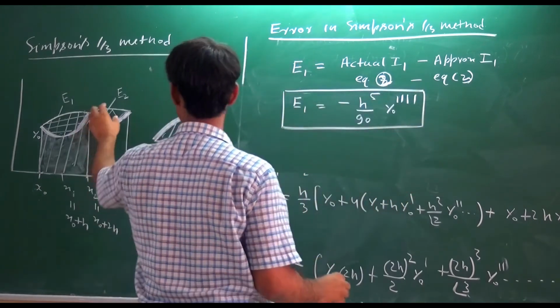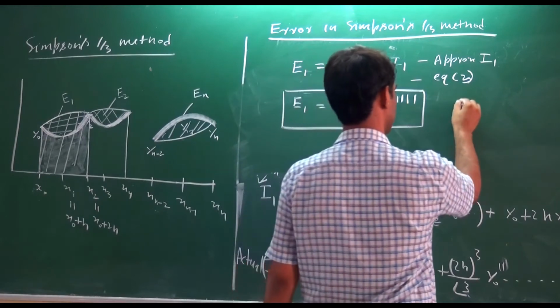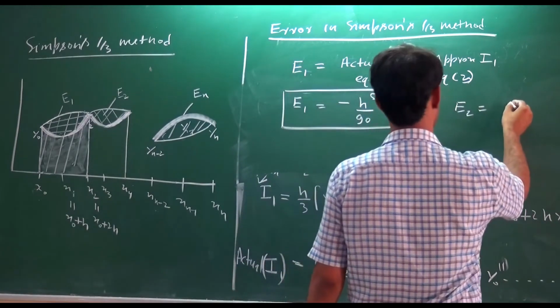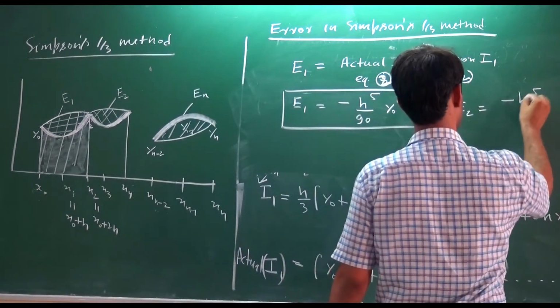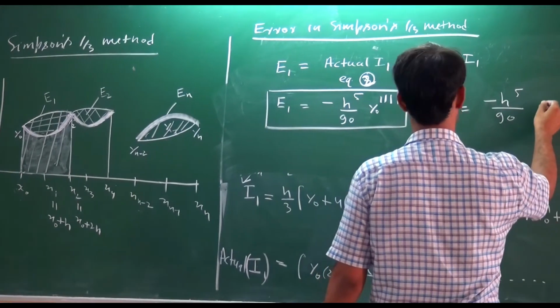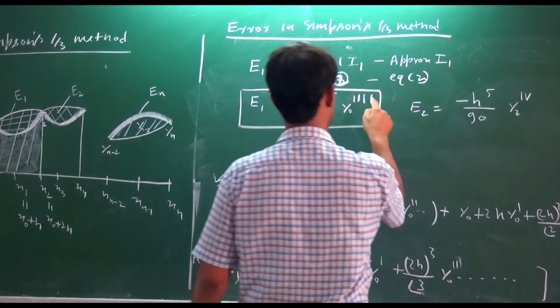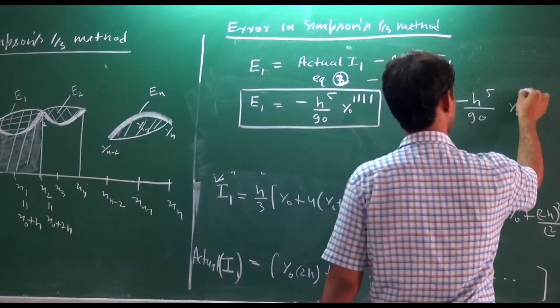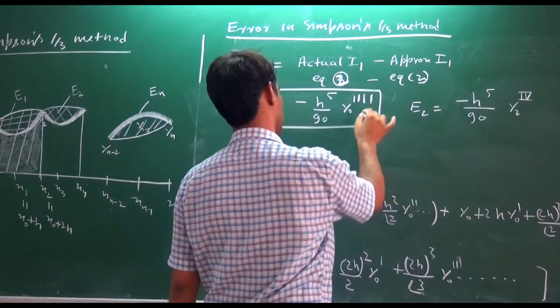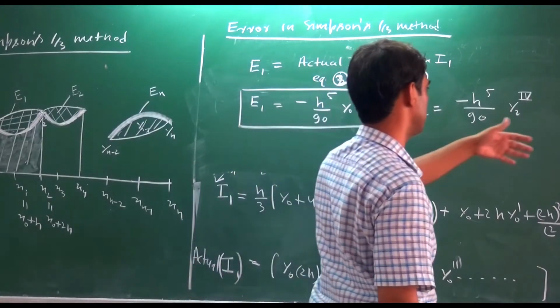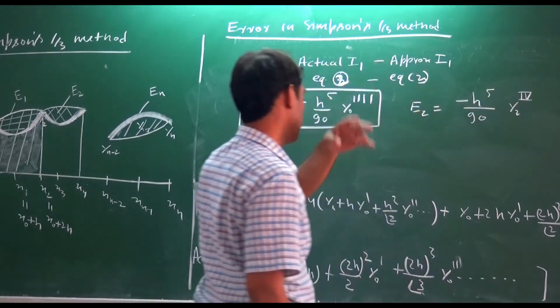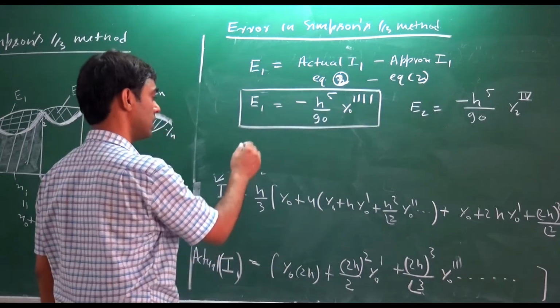In a similar manner, what is the value for E2? E2 equals minus h to the power 5 by 90 into y2 4 dash, meaning four times differentiation. Similarly, we find E3 and so on. So what is the error?